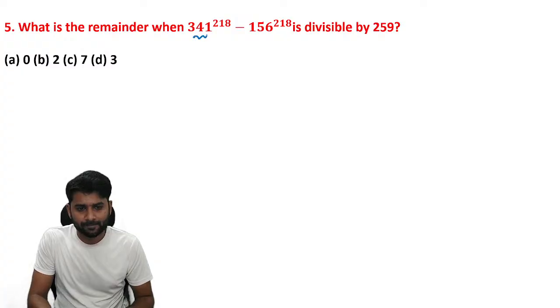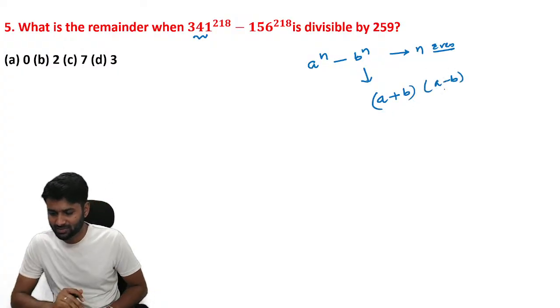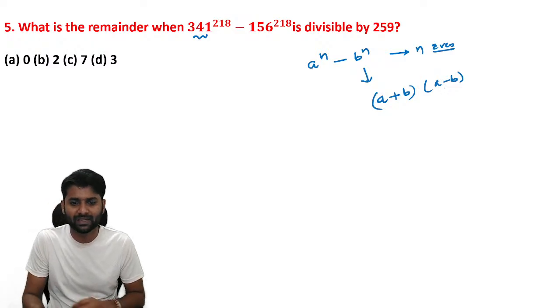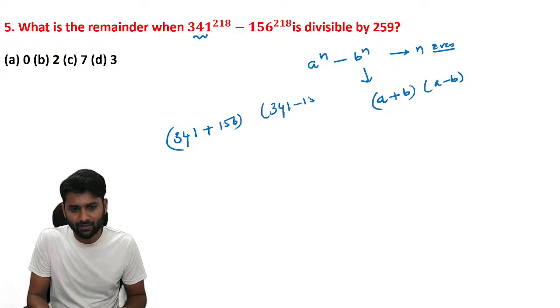Now see, here a power n minus b power n. Here n is an even number. If n is an even number, it is always divisible by a plus b into a minus b. It means 341 plus 156, and 341 minus 156.